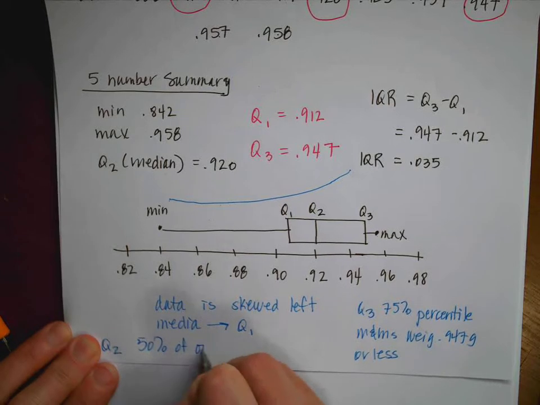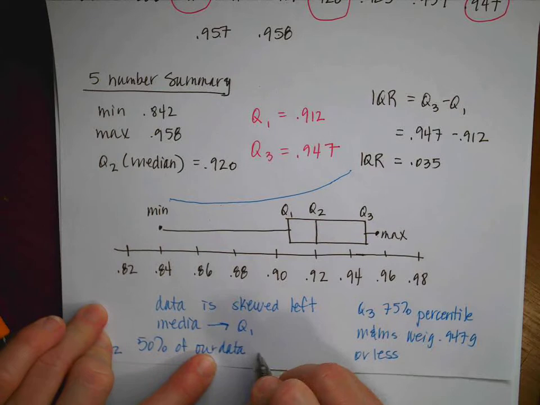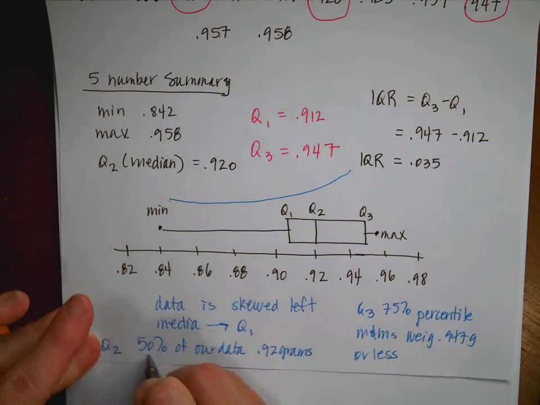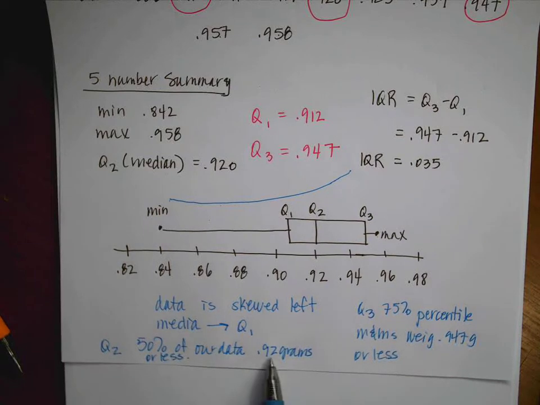And then for Q2, that says that 50% of our data are 0.92 grams or less. Okay, alrighty. And so then it means that we would think that the normal weight for an M&M is about 0.92 grams. So that's actually kind of interesting.